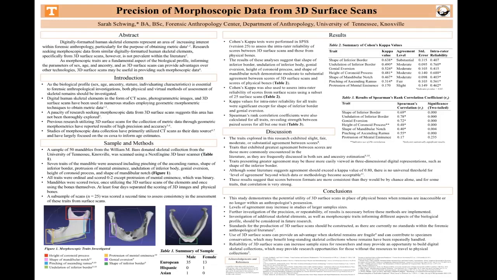Or, if we reverse that statement, because the cranium is used so frequently for sex and for ancestry estimation, and is routinely cited in forensic anthropology texts, are we a little bit more familiar with those traits and with this element in general, and so we're a little bit more comfortable scoring these morphoscopic traits and therefore seeing greater agreement? I'm not sure, but that's definitely something that I plan to investigate as I move forward with this research.